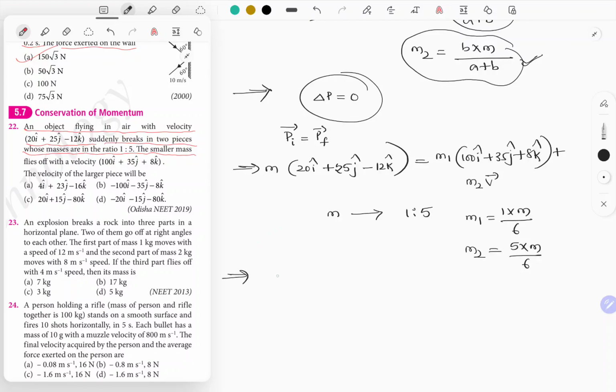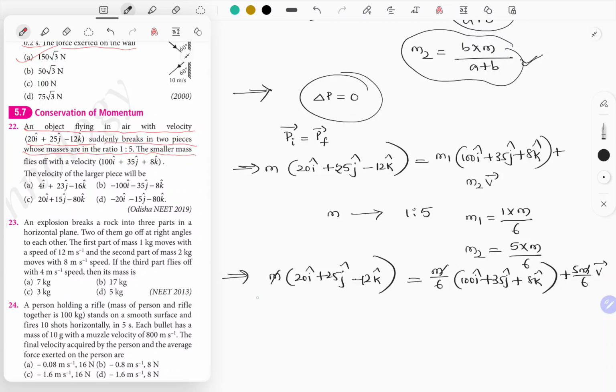Okay, let me get into this. So the momentum is m into 20 i cap plus 25 j cap minus 12 k cap, which is equal to m1, which is m by 6, times 100 i cap plus 35 j cap plus 8 k cap, plus m2, which is 5m by 6, times v bar. m will get cancelled. 6 comes as a multiplier here.